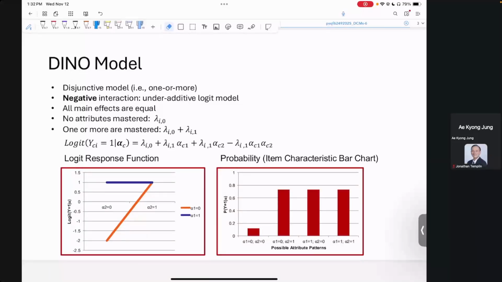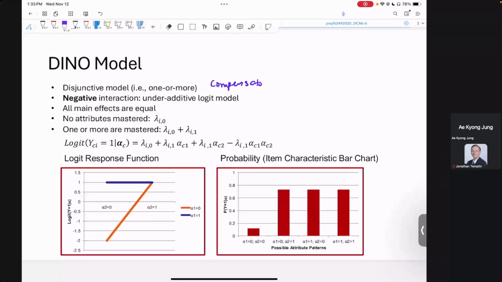Okay, as you want. Now let's see about the DINO model. This is a disjunctive model and it's also a compensatory model, but disjunctive is a different way to say compensatory.